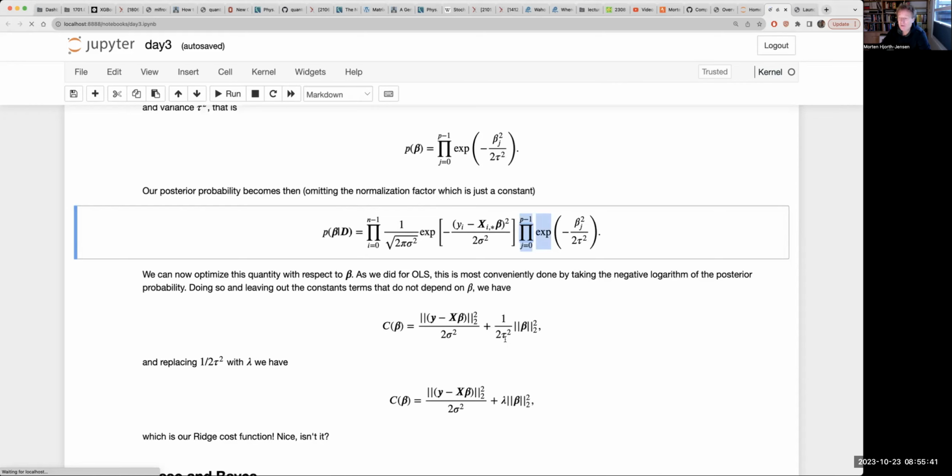This has interesting interpretations when we are looking at the values of the beta parameters when we have a large variance in these parameters. Because if they vary a lot, we can actually use this lambda here as a tuning parameter to get rid of parameters beta which have a large variance.